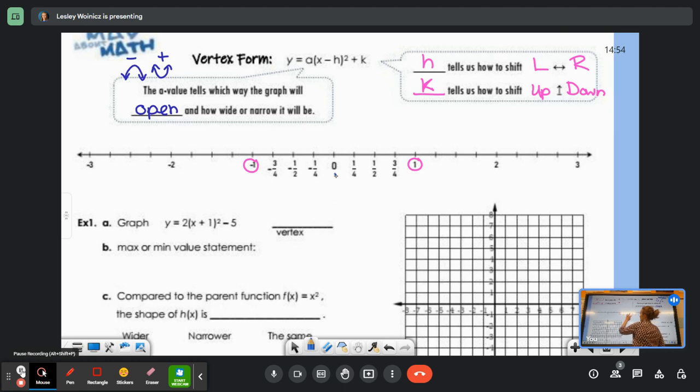So when our A value is positive, which way does the parabola open? Which way does the parabola open when A is positive?